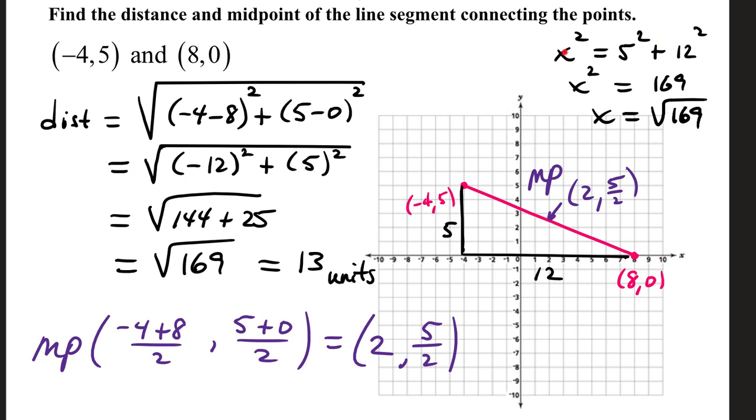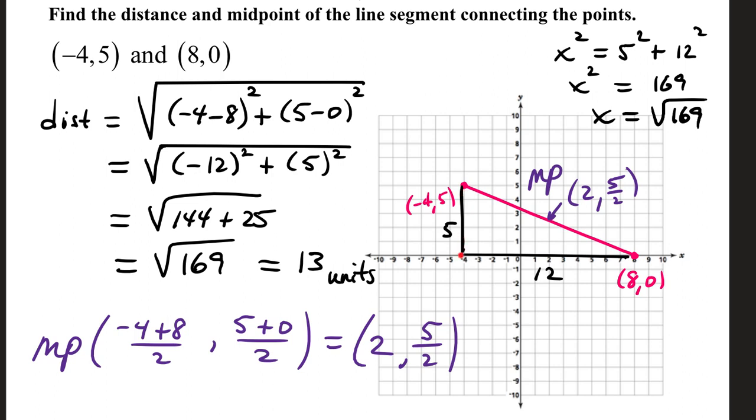That's this upper right equation. I let x be the hypotenuse. 5 squared plus 12 squared equals hypotenuse squared. Well, 25 and 144, that adds up to 169. Take the square root and you get the square root of 169, which is 13. That's just another way to get distance.